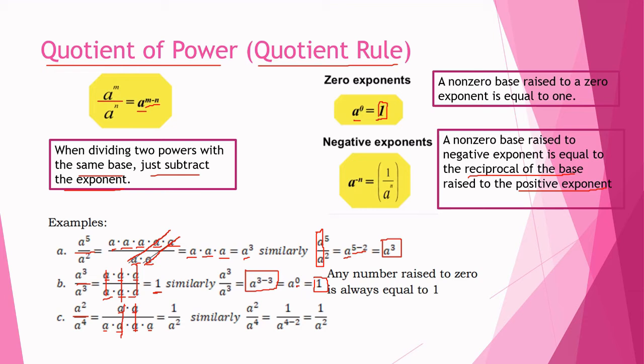So we have 1 over a squared. Or simply, if we subtract 2 minus 4, we have a to the negative 2. So take note, the negative exponent is equal to the reciprocal of the base raised to a positive exponent. So this will become 1 over a squared. Okay? So therefore, the answer is 1 over a squared.